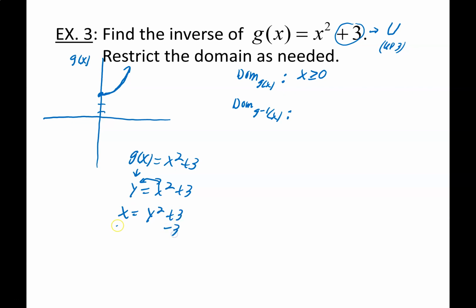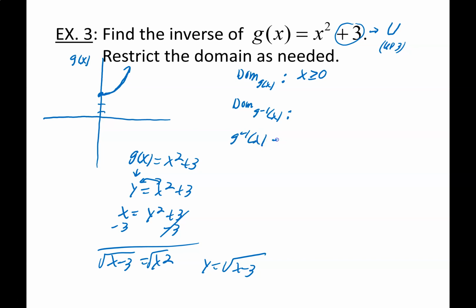We subtract the 3, and I get x minus 3 is y squared, and I square root both sides, and I get y equals square root of x minus 3. So I get that g inverse is the square root of x minus 3.